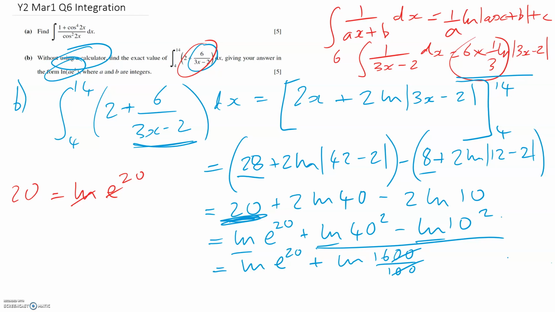We can write this as ln 16 e to the 20. So we multiply this by this 16, and so that will be the final answer. You probably don't need to write this down, but A is 16 and B is 20.